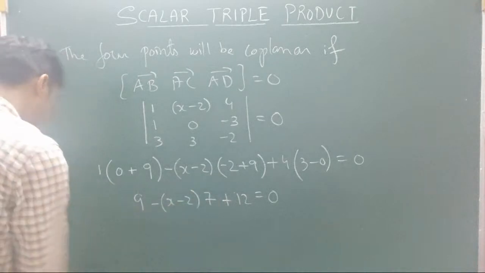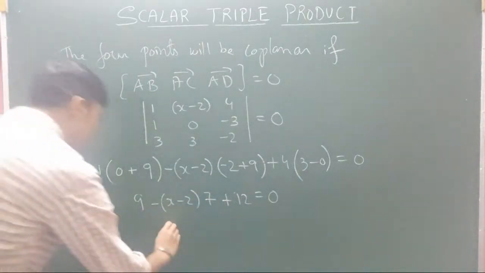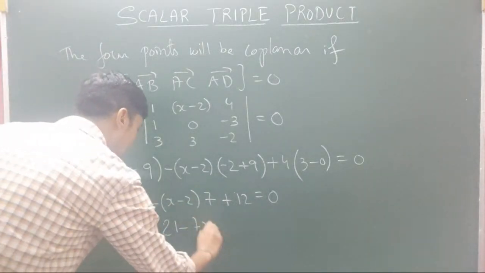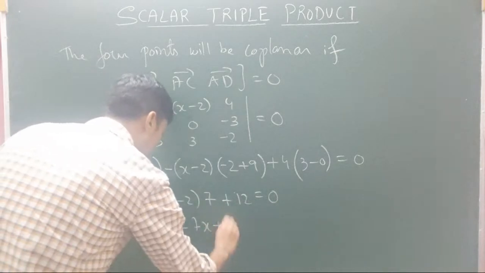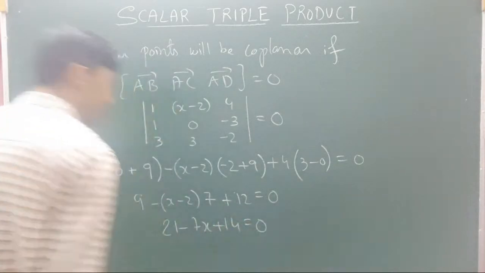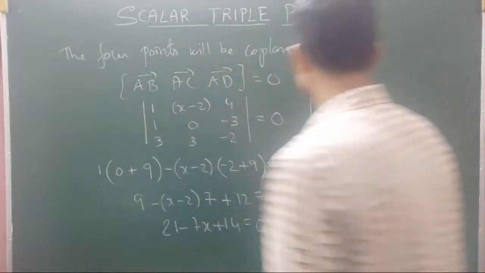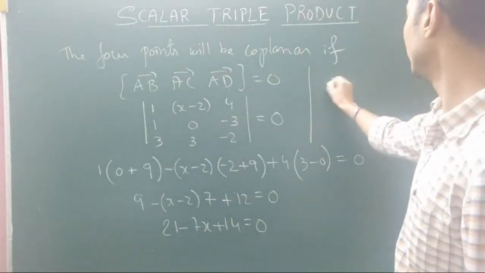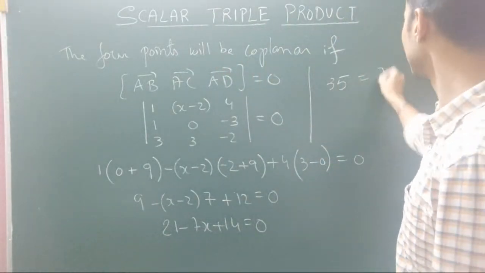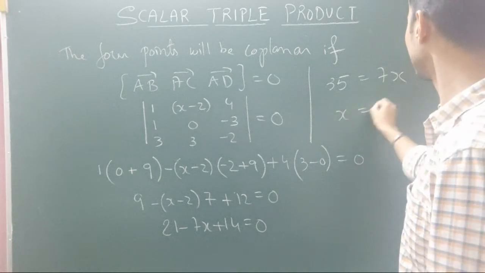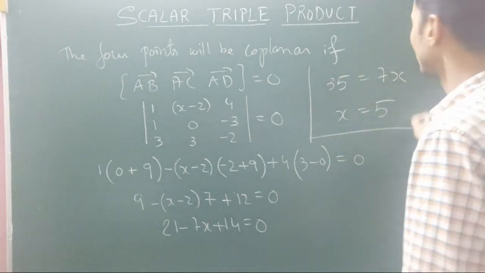So 9 plus 12, 21. 21 minus 7x plus 14 is equal to 0. So let me complete here. 35 equals 7x. So x will be equal to 5.